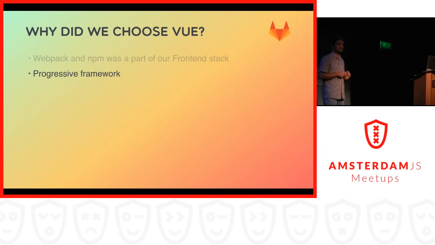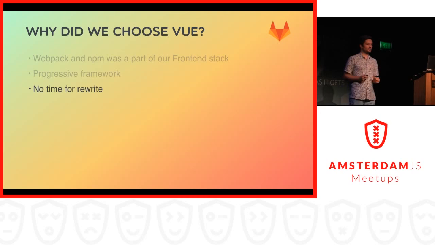We didn't need to change anything. We just added it, like jQuery.js. We added Vue.js into our code base and started creating Vue components with it. Then we started using Vue's single file components with Webpack when we had Webpack. So it is a progressive enhancement on your code base.